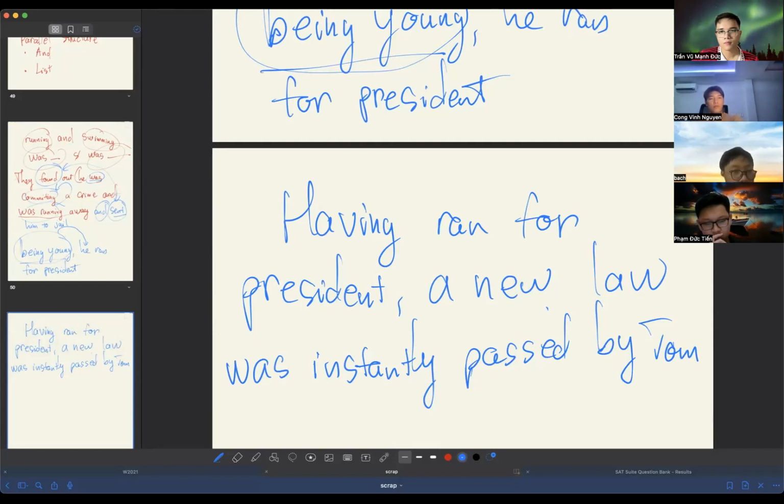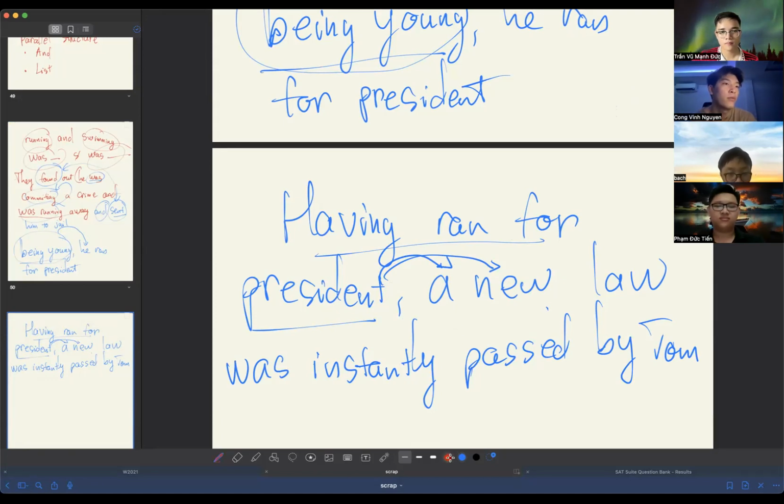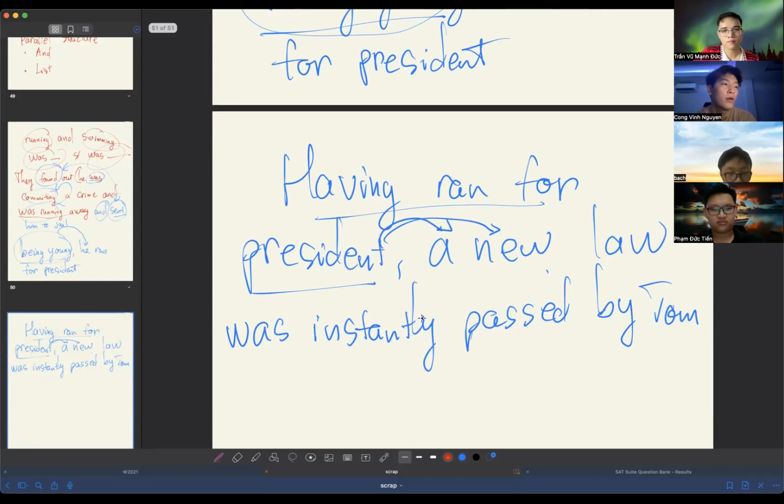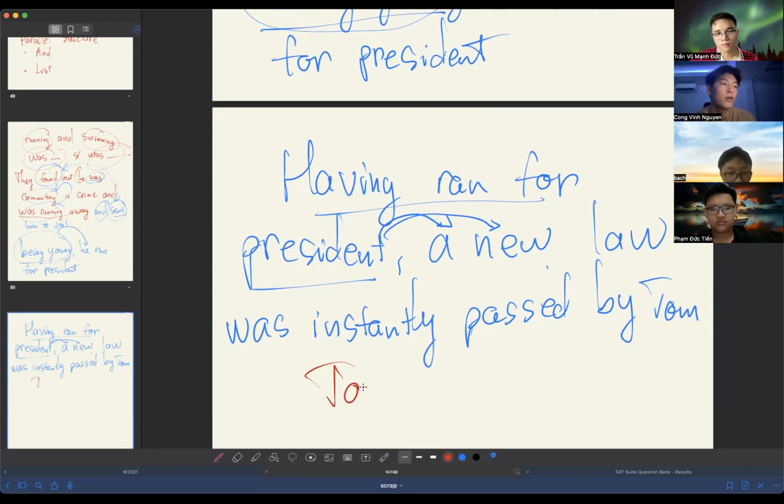In this case, actually, it's not correct because "having run for president" is not modifying the word "new law," right? So, Vinh, can you rewrite this to make it correct for me? "Having run for president, Tom instantly passed a new law."